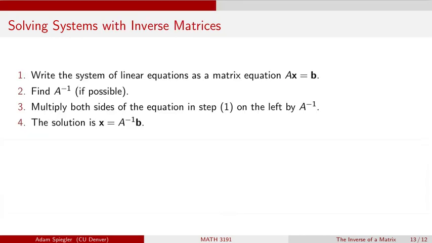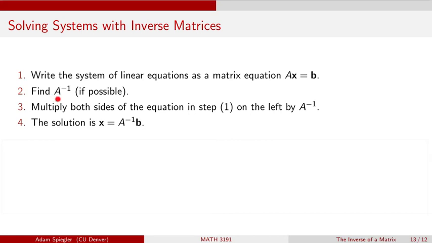Let me summarize this process on the very last slide. In general, if we want to solve a system of linear equations, we can take any system of linear equations and rewrite it as a matrix equation: matrix A times column vector X is equal to some column vector B. We can take the matrix of coefficients and find the inverse matrix A if it exists.